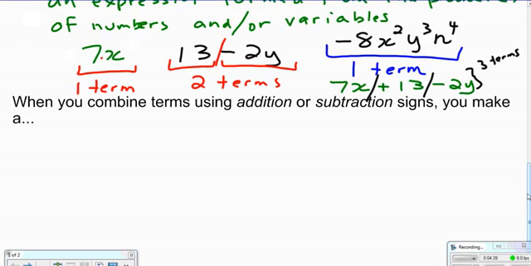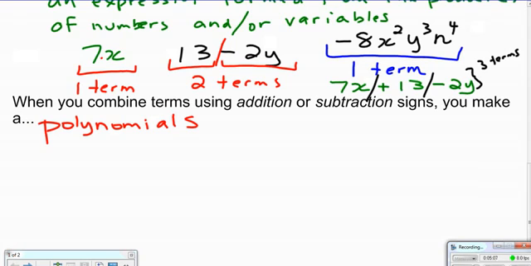So when we start combining terms using addition or subtraction signs, we make polynomials. And so polynomials is just a general term for all polynomials, but we have more specific terms too that we'll do in a second.